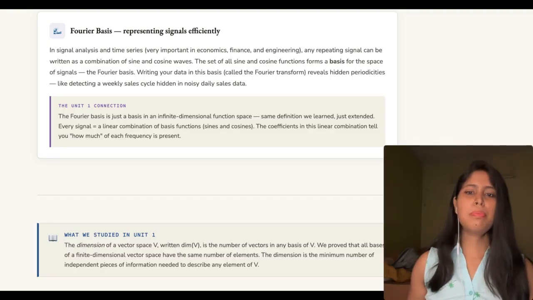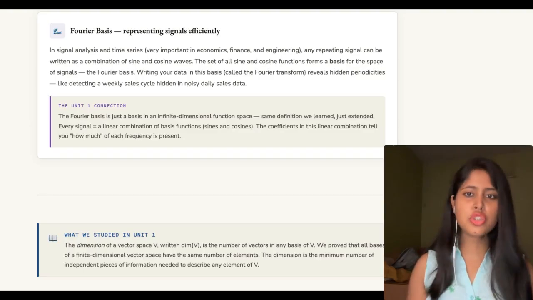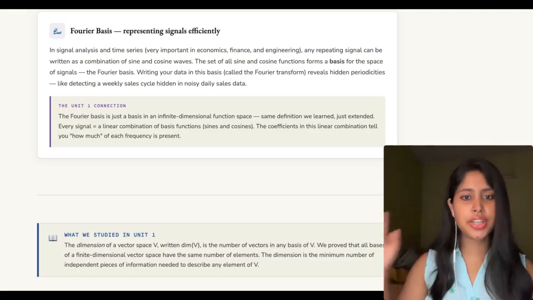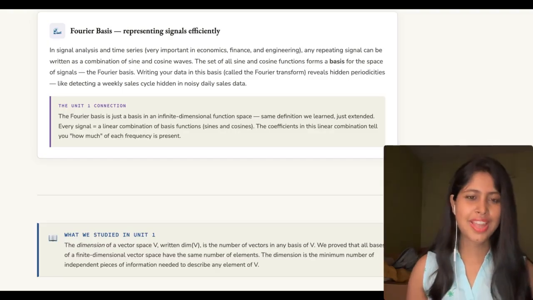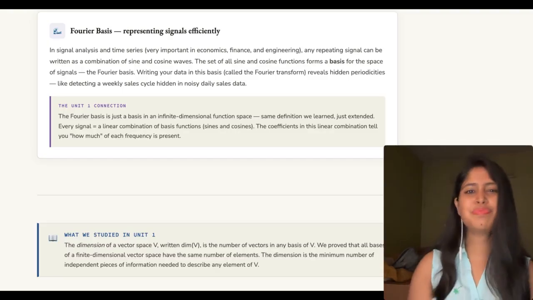So basis from unit 1 teaches us that the coordinate system you choose for your data is a genuine choice, and different bases reveal different things. Choosing a good basis is one of the core skills of a data scientist. Then you can form so many new things, right?